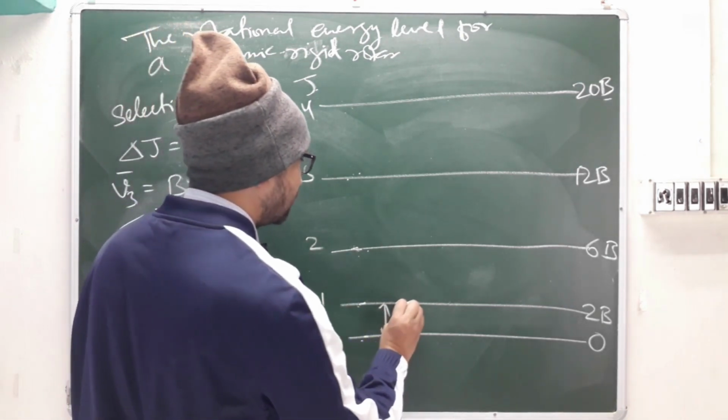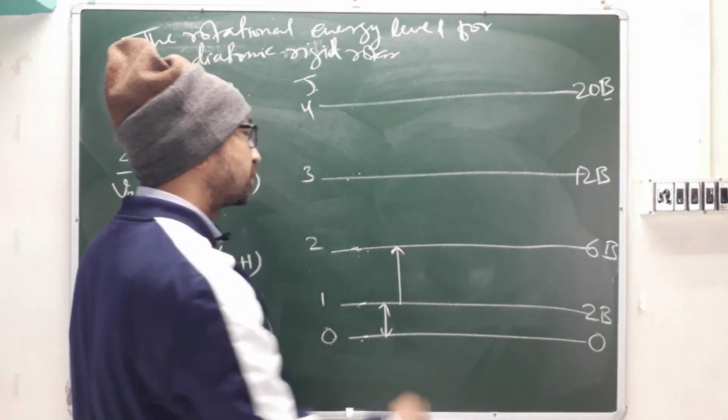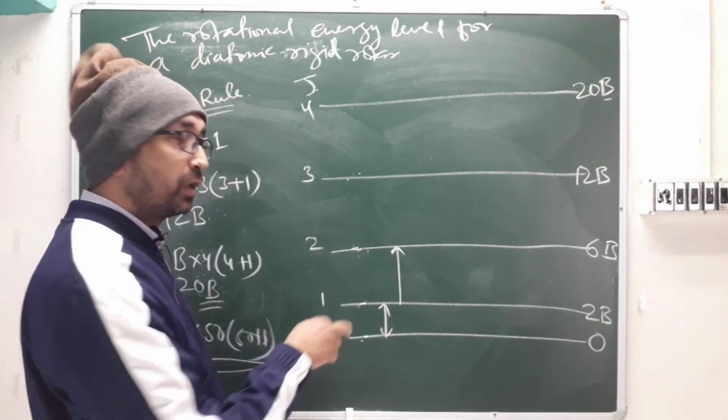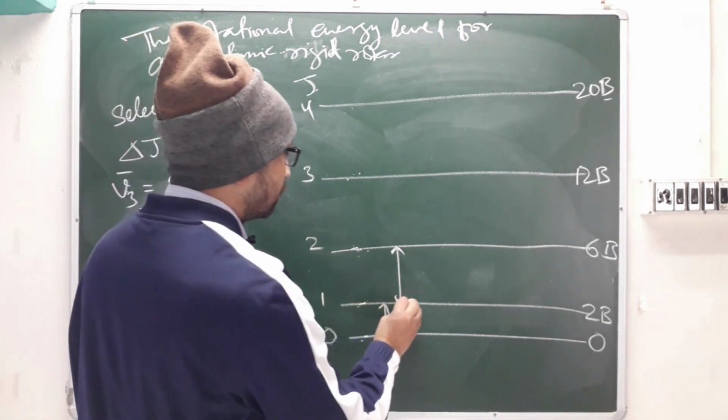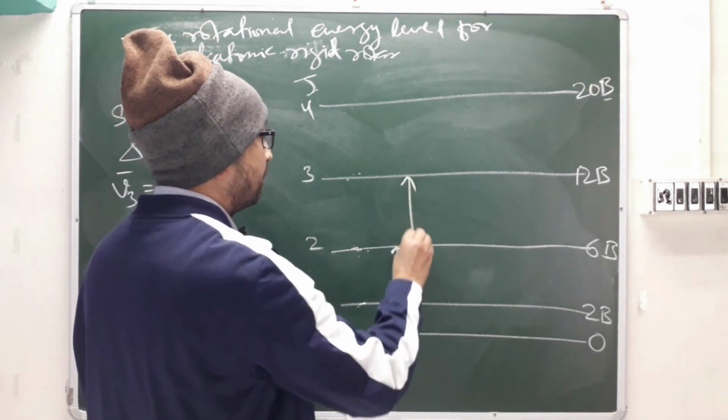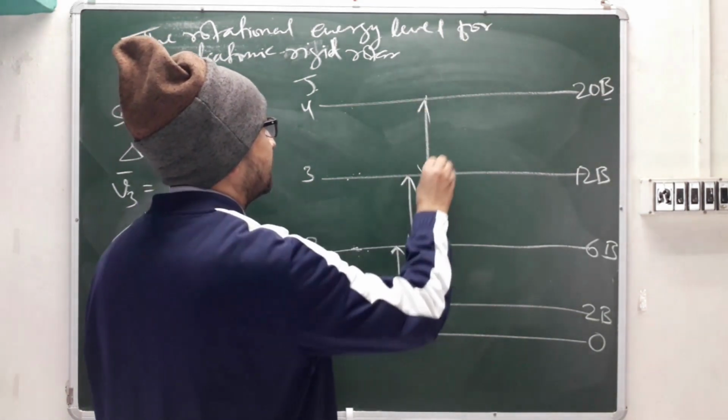Likewise from 1 to 2 if it is going, how much energy it has absorbed, or 2 to 1 if it is coming down, how much energy it has emitted. So these are the differences, and we'll see how to calculate these differences.